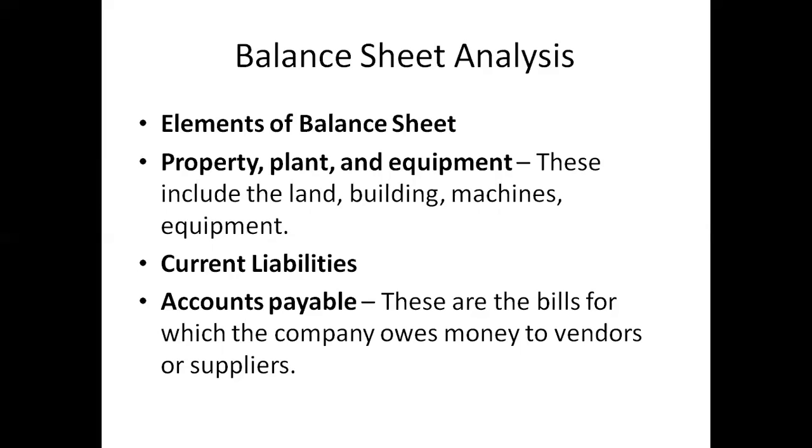These are accounts payable, that is the people from whom you have bought something and whom you have to pay. On the asset side, accounts receivable are known as sundry debtors. Accounts payable in this case are known as sundry creditors.